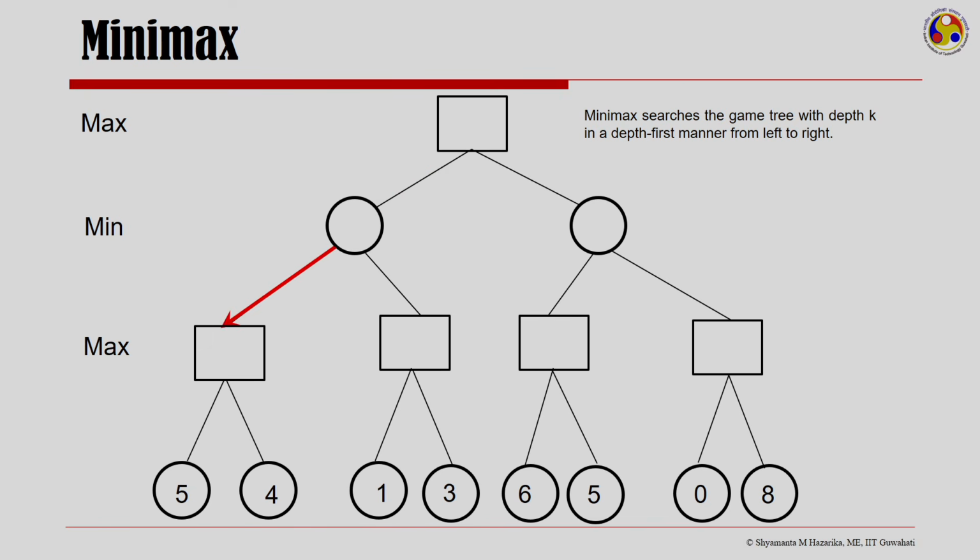It comes to the Max layer one level down and finally arrives at the leaf node. Thereafter it gets the value of the leaf node, which is marked 5 at that point. So that is backed up one level and we get 5 there.